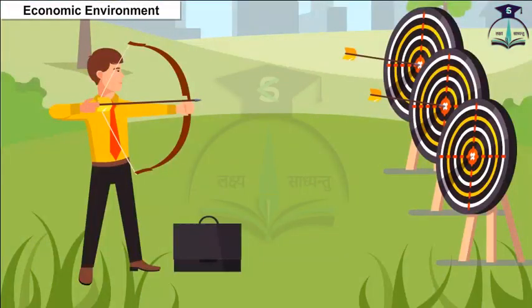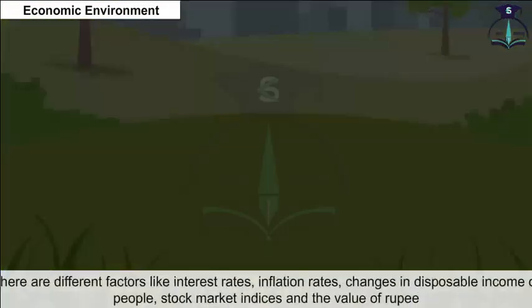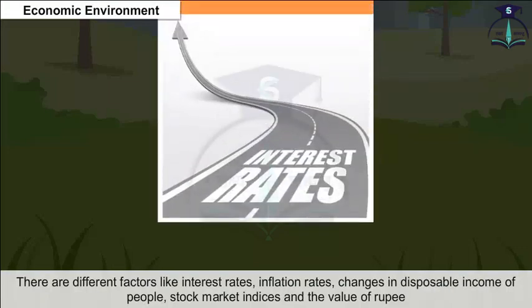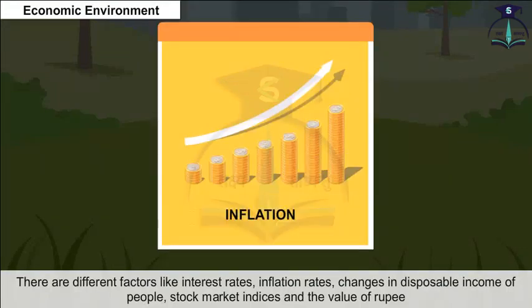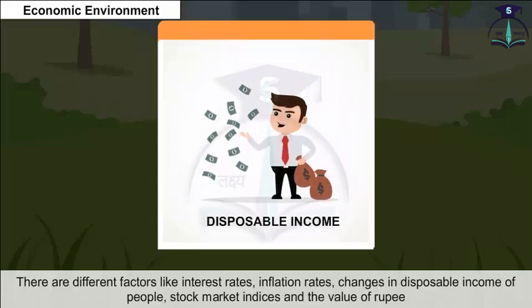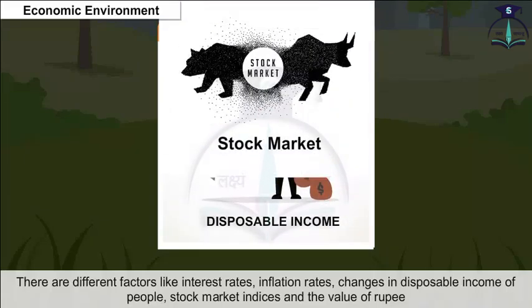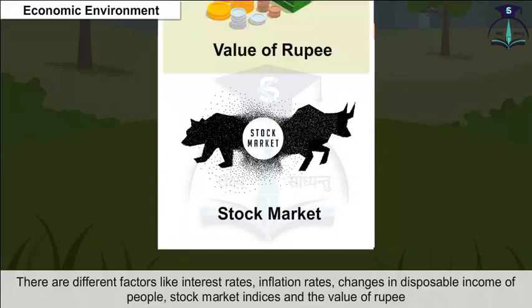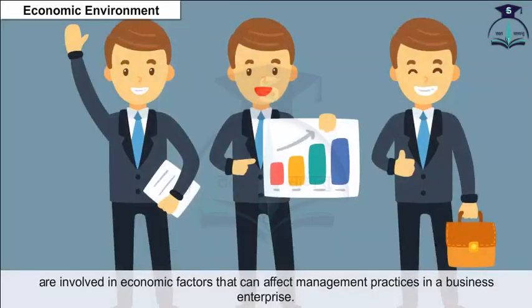Economic environment. Factors like interest rates, inflation rates, changes in disposable income of people, stock market indices, and the value of the rupee are involved in economic factors that can affect management practices in a business enterprise.